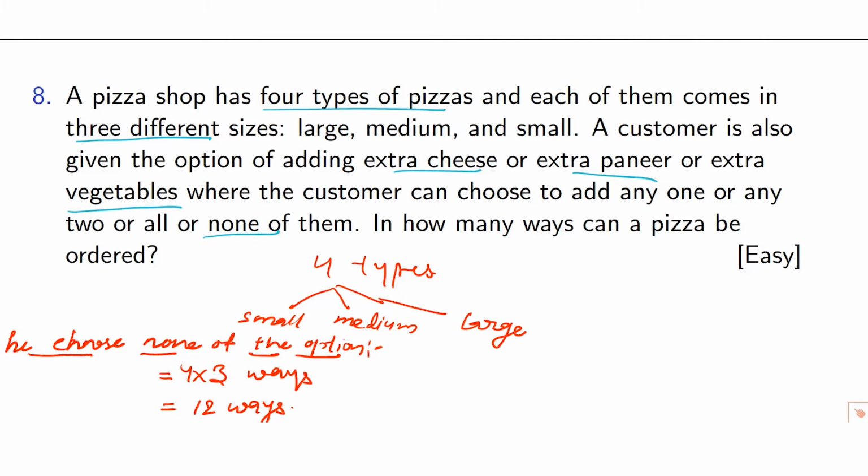But if he chooses only one given option, that is either cheese or paneer or vegetable, then he can order the pizzas in 4 different types of pizzas, all coming in 3 different sizes, and he has 3 options out of which he has to choose one.